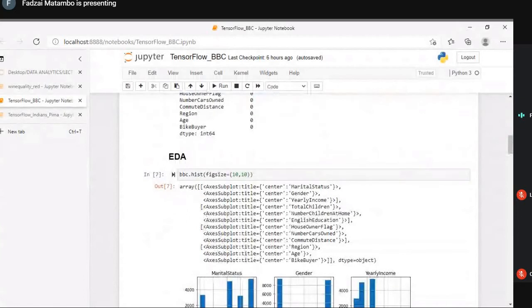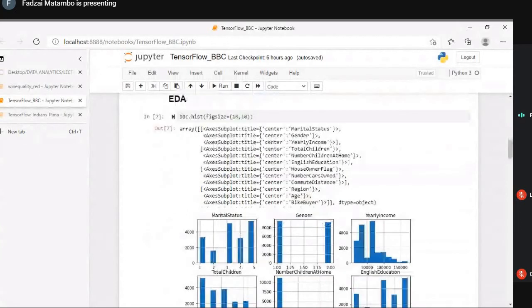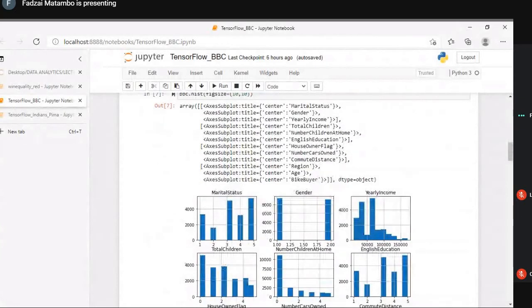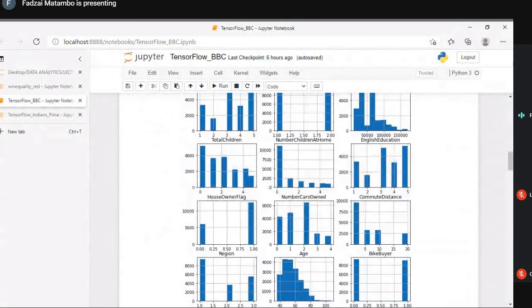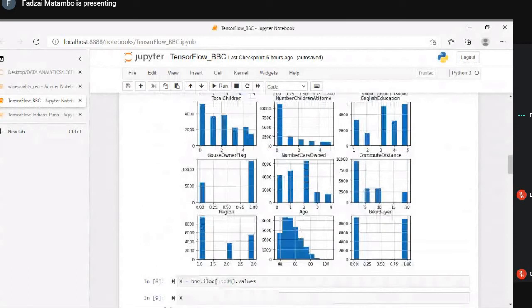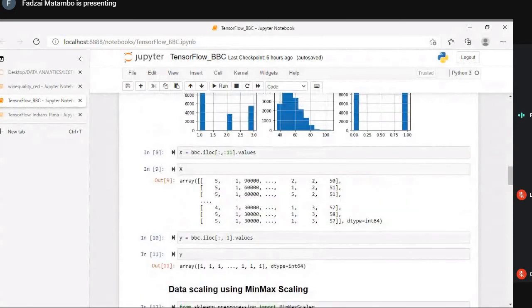And then on my EDA, I also plotted the histograms. And you can see the distribution of all the columns. And then I used the iloc slicing method. So I had to pick the first 11 columns for X, and my X came out that way.